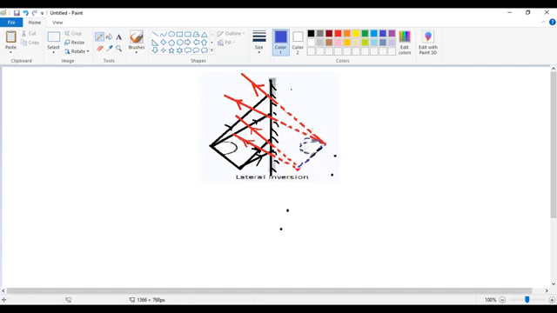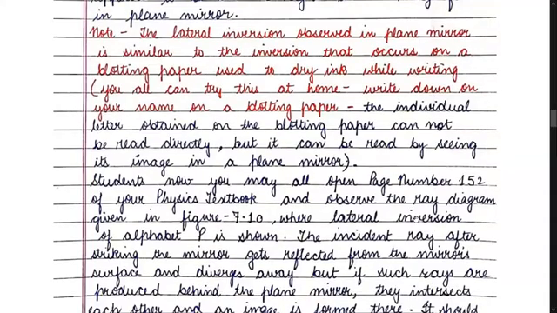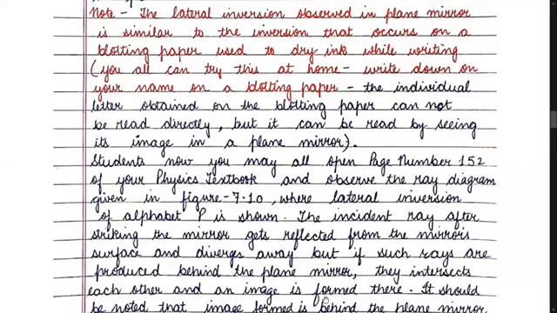So this is the way you draw a ray diagram. So students, note that the lateral inversion observed in a plane mirror is similar to the inversion that occurs on a blotting paper used to dry ink while writing.